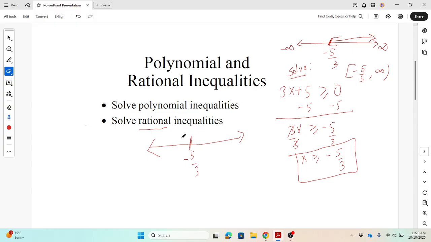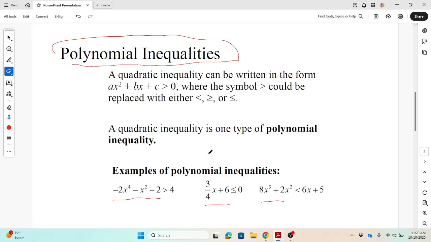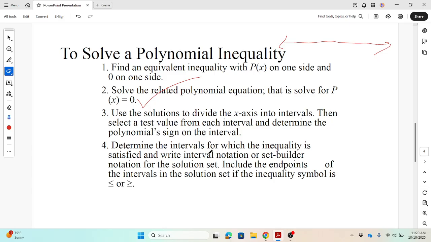Now you have two intervals: from -infinity to -5/3, or from -5/3 to positive infinity. Now you check where this function is positive. You pick something from here and test, and if you pick something from here and test, wherever this function is positive, you choose that interval as your solution. That is what they are saying in these steps.